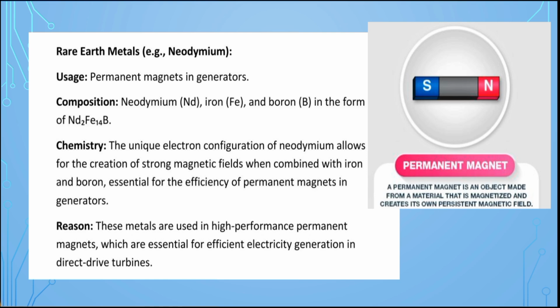Some rare earth metals like neodymium are also used in forming the permanent magnets in generators. A permanent magnet is an object which forms a magnetic field by itself without any external force. The composition of permanent magnets consists of neodymium, iron, and boron.